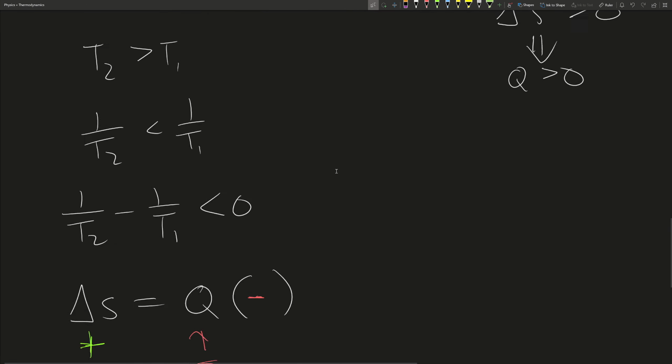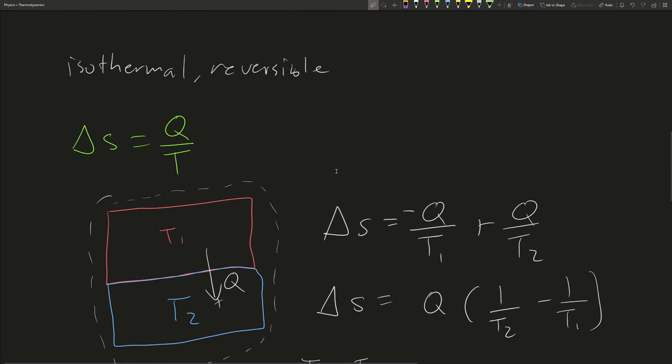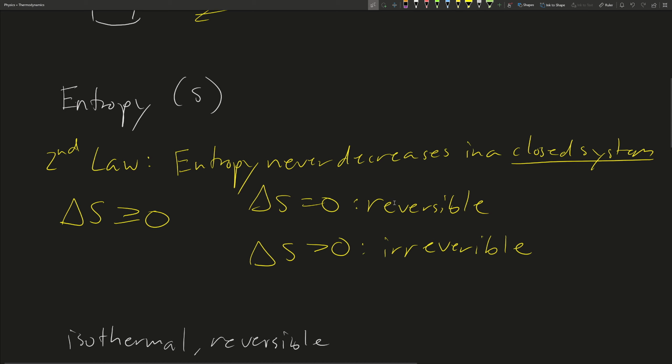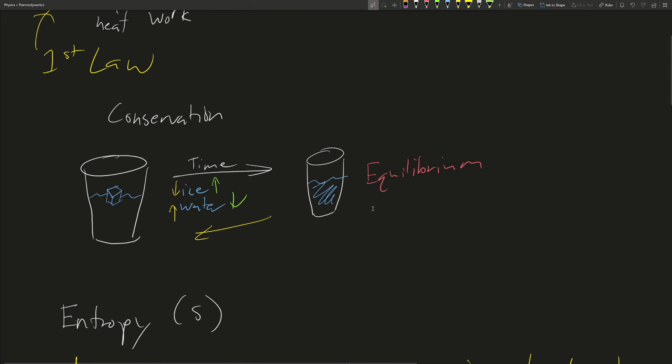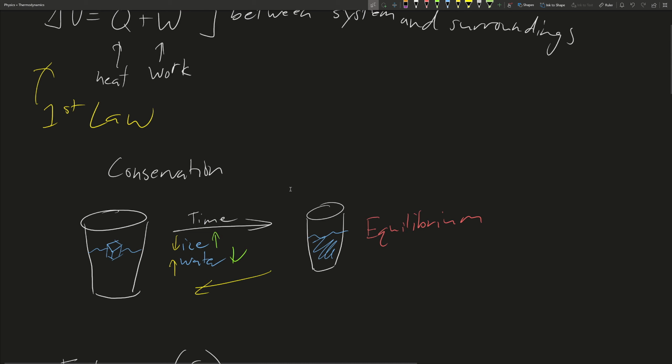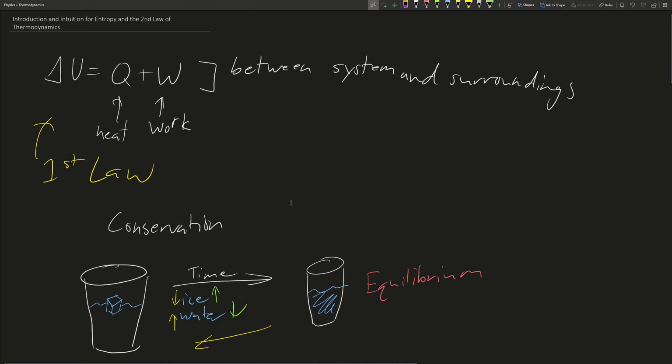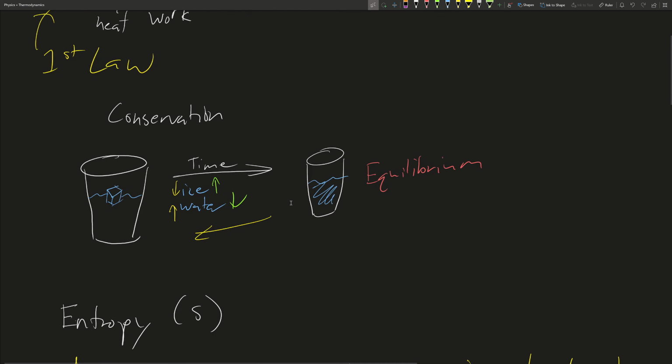And so entropy will always remain constant or increase, and it only remains constant when it's a reversible process, and it increases when it's irreversible. And this leads to the reason why certain processes function in the direction that they do, and that things don't spontaneously happen contrary to what we normally perceive.